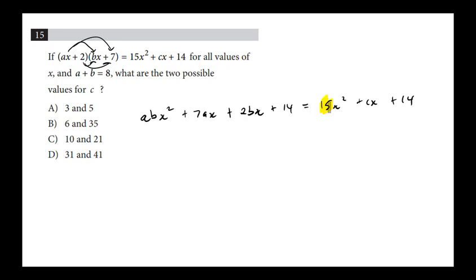So I can see straight away that 15 is equal to ab, 14 is the same there, and then this is not quite like this, so what I need to do is rewrite that. Take out the common factor of x, that becomes 7a plus 2b.